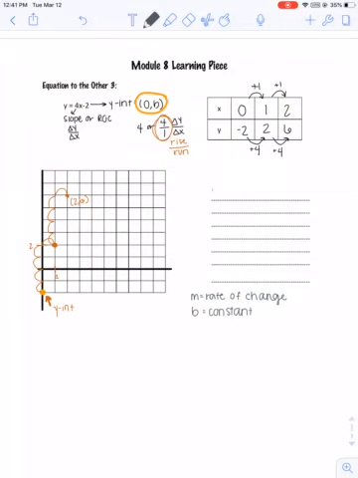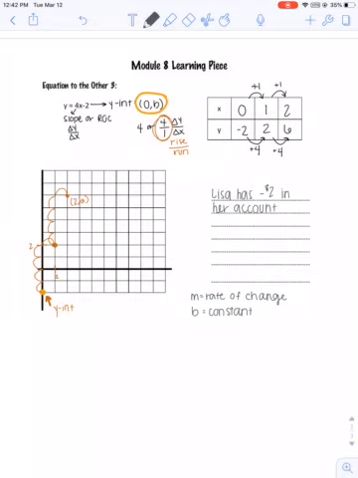So I'm going to say that Lisa has negative $2 in her bank account. She did not take that financial literacy unit to heart.